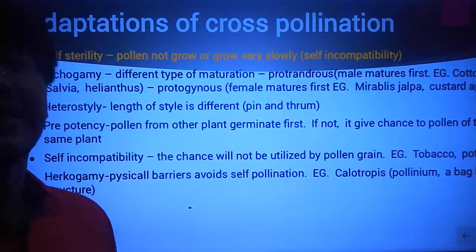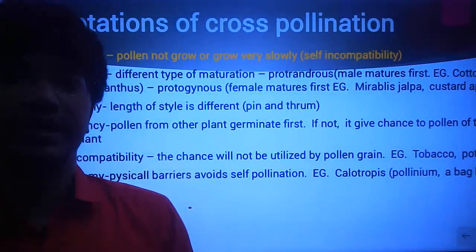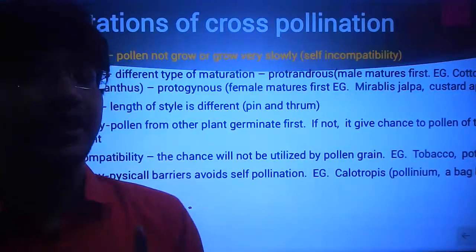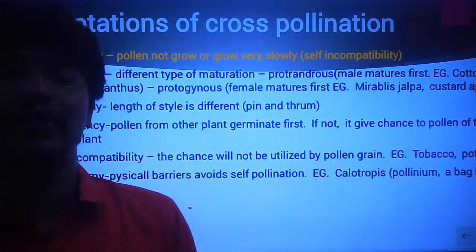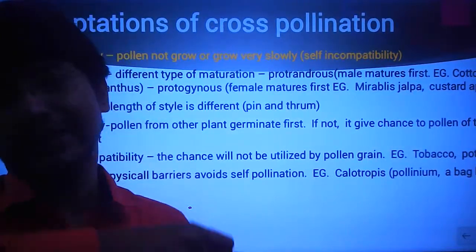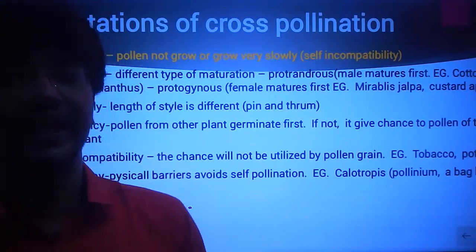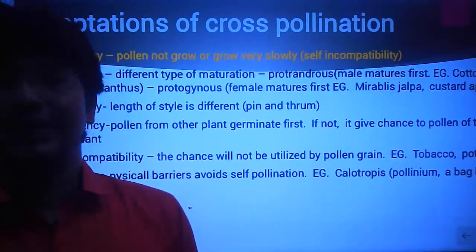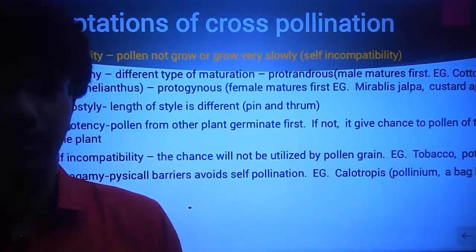You can ask me, sir, geitonogamy comes under self-pollination, where the flowers are different, but if the male and female are not maturing at the same time, there may be chances that some other pollen grain comes and deposits onto this particular flower. In a few exceptions geitonogamy can go into cross-pollination, but in the majority of cases geitonogamy comes under self-pollination, whereas xenogamy comes under cross-pollination.